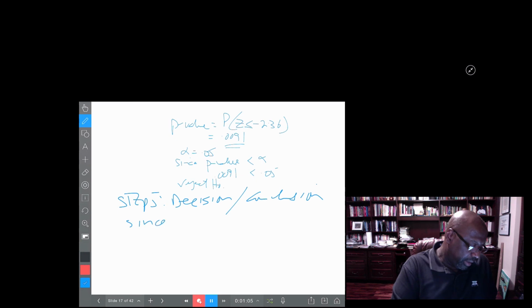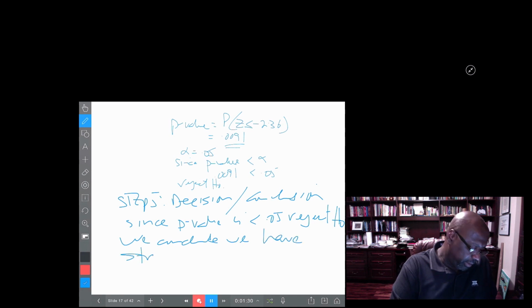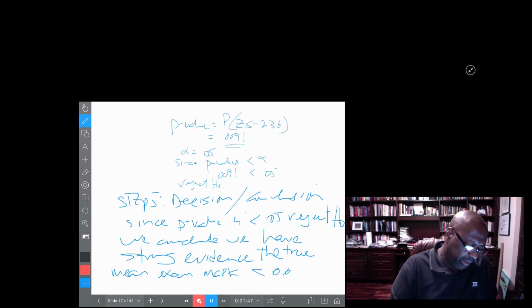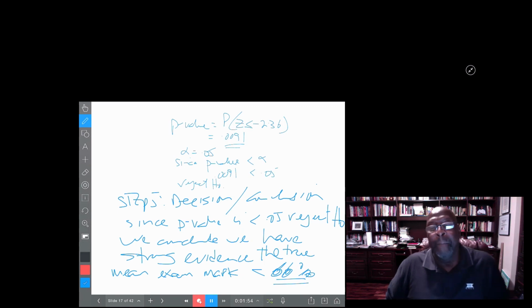So since the p-value is less than 0.05, I've already stated that, we reject H0, and we conclude we have strong evidence the true mean exam mark is less than 66%. All right? And that's how we do it.